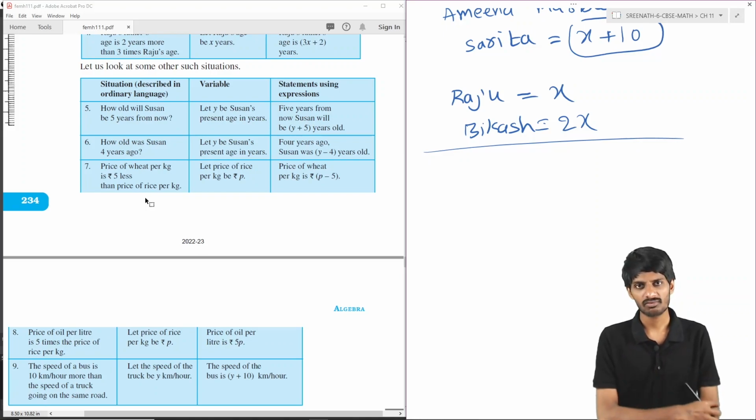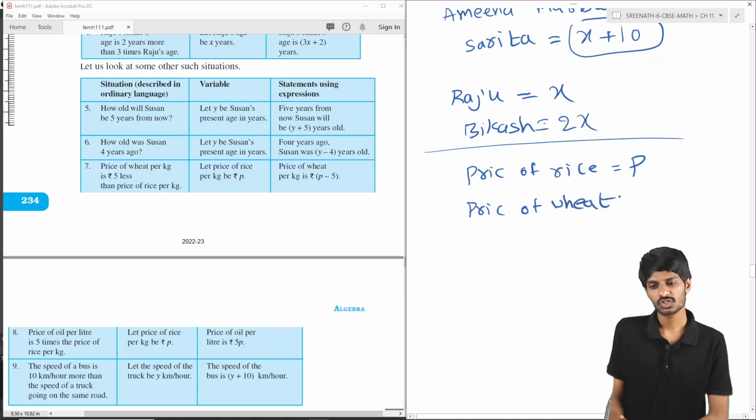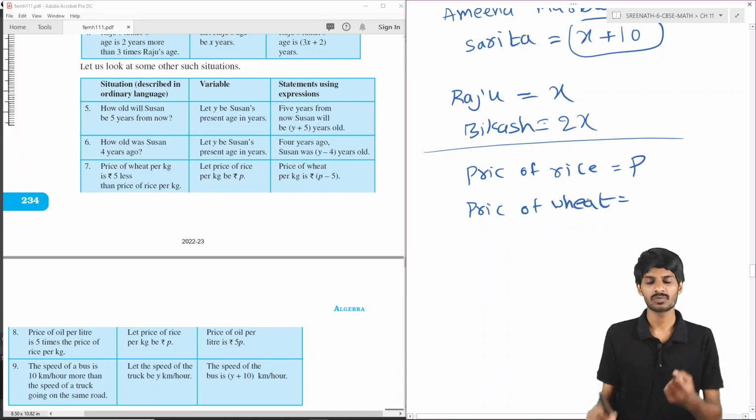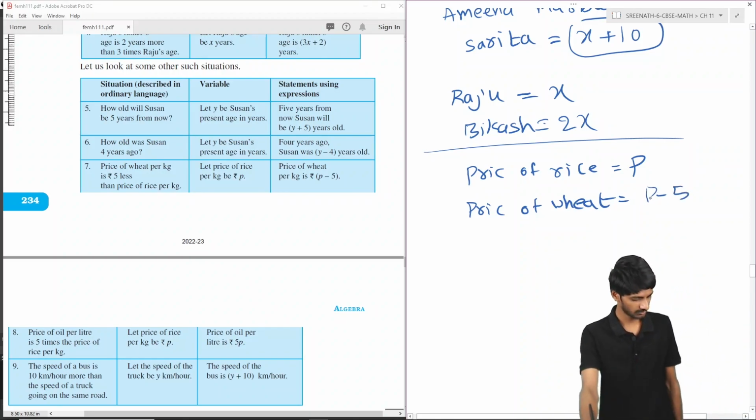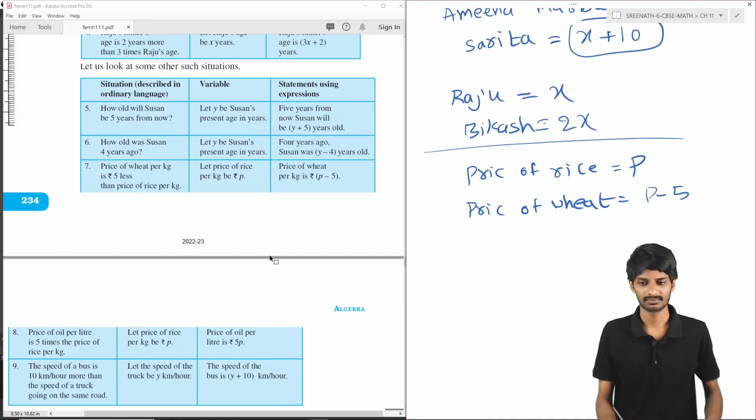Will you know the price of rice? We don't know. So we are taking the price of rice as P. Then the price of wheat, 5 less, which means 5 is subtracted from the price of rice, that is P minus 5, like that, students.